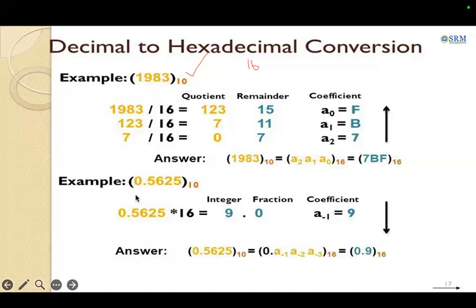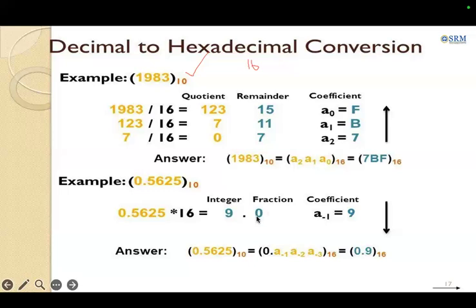The same way we do it for the fractional part. The fractional part should be multiplied by 16. So you will get an integer and a fractional part. The fractional part should be multiplied again by 16, and every time you generate the integers, which give the coefficients. But here, in the first step itself, the fractional part is 0. Whenever the fractional part is 0, you can stop the multiplication and the conversion there itself.